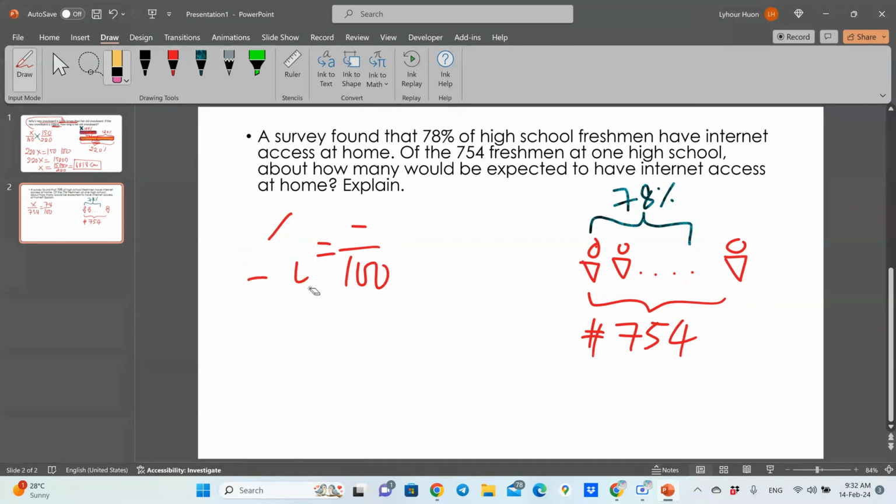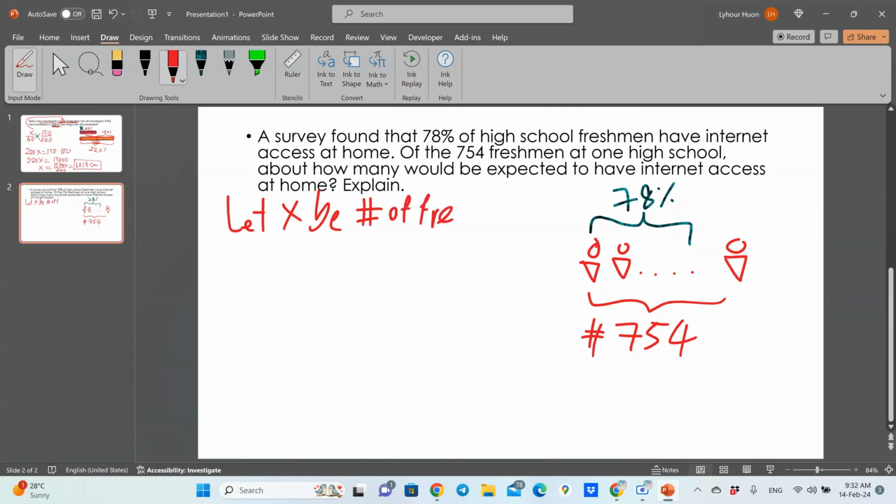So let x be the number of freshmen who have internet access at home.